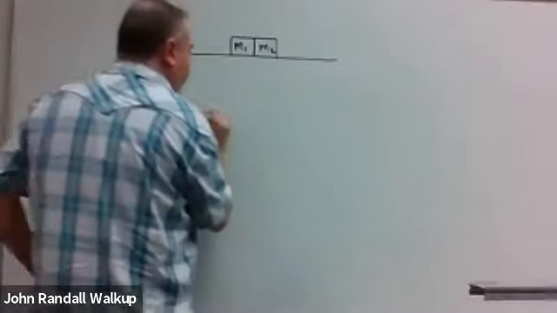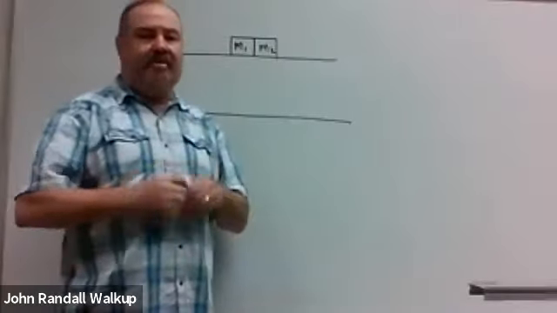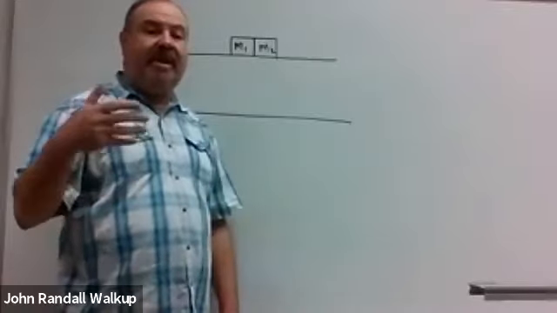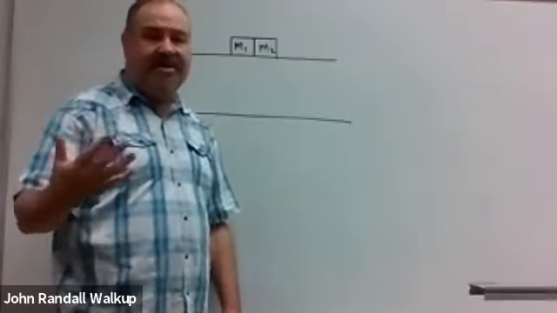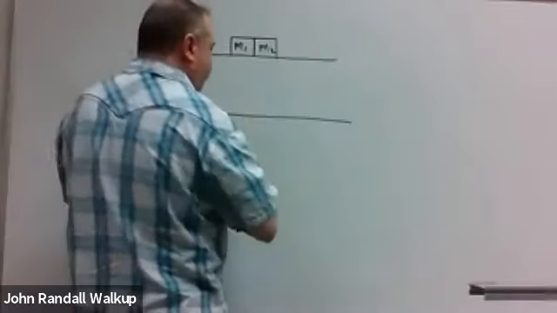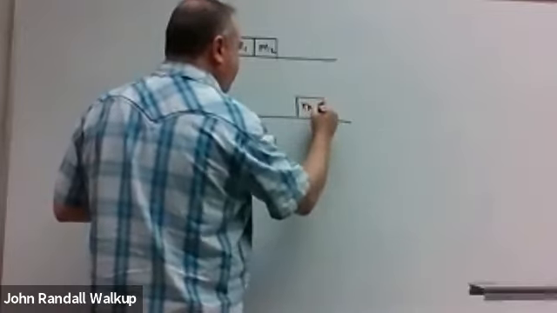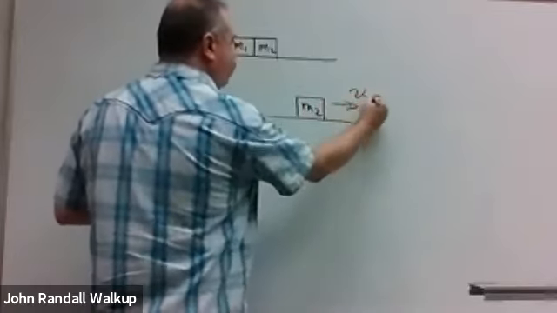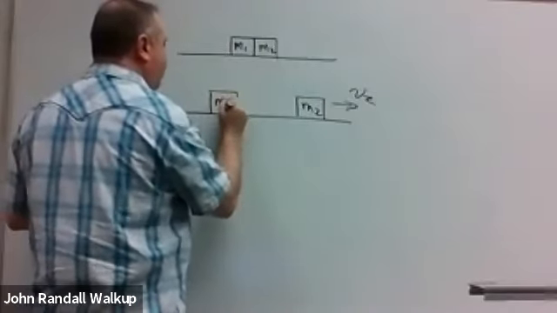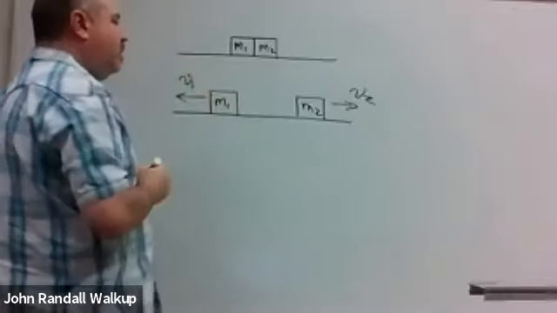After we ignite them, and this could be like pulling a pin on a grenade, it could be lighting a fuse, it could be triggered by a lot of things, we have an explosion, and M2 will travel to the right at some speed V2, we'll call it, and then M1, sorry, will travel to the left at some speed V1.